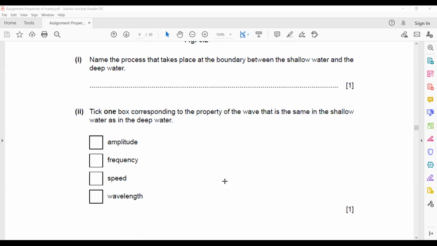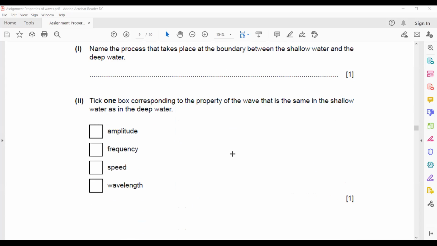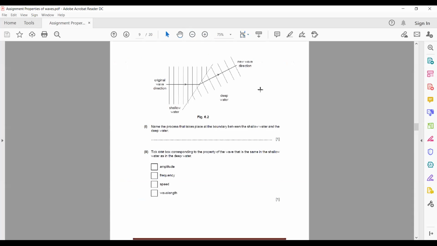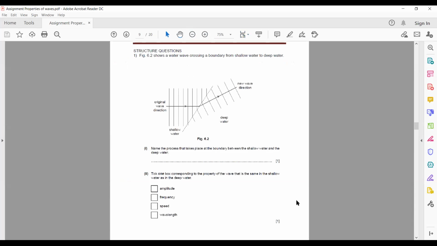The next part: tick one box corresponding to the property of a wave that is the same in the shallow as in the deep region. Which property is the same in both? Yeah, that's right.